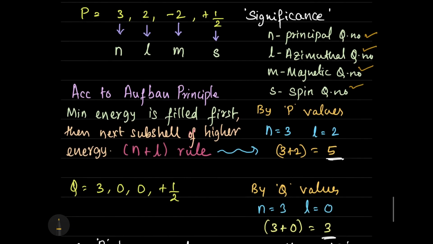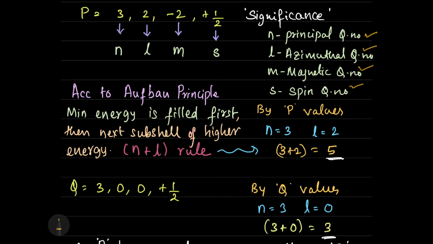As you already studied, there are the Aufbau principle, Hund's rule, and many types of rules that are present while discussing quantum numbers, especially in the atomic structure chapter in class 11. It tells that minimum energy is filled first, then the next shell is filled according to higher energy. This is the main rule, known as the n plus l rule.